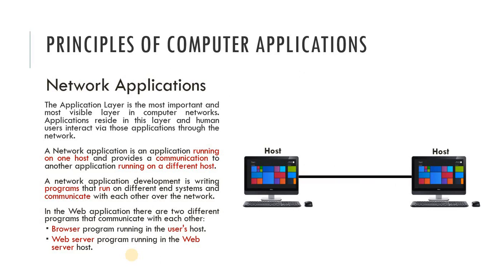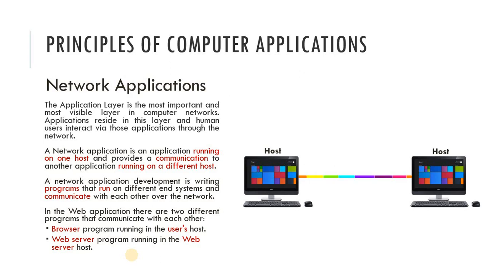So a network application is an application which is running on both hosts, the server host and the client host, or the sender host and the receiver host, and it can provide communication to the other application running on a different host. There is one application running on the sender host and also one application running on the receiver host.